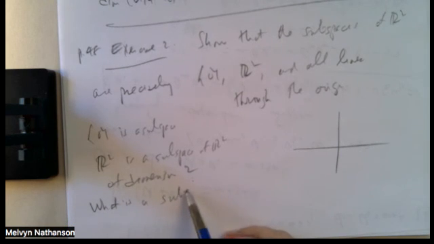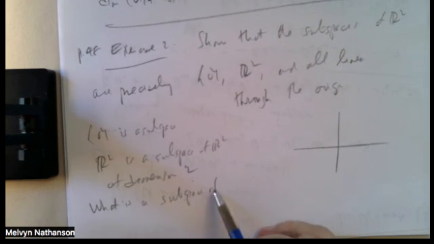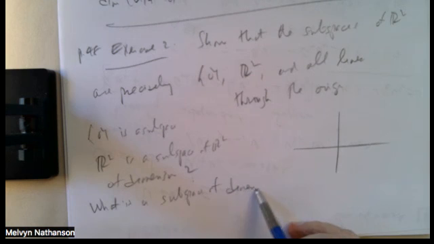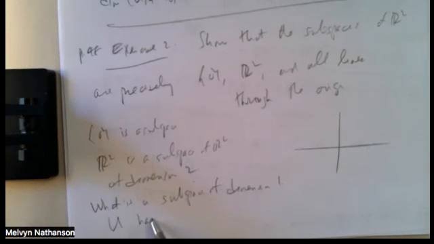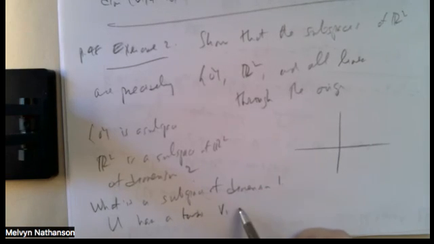What is a subspace of dimension 1? So U, if it's a subspace of dimension 1, has a basis consisting of one vector, v1, not equal to 0.